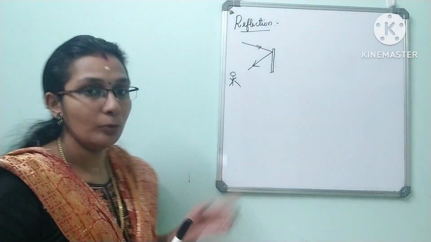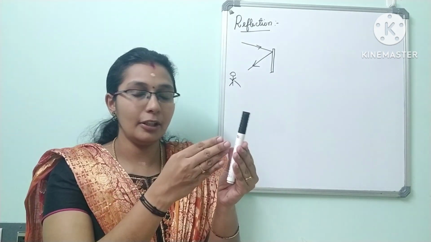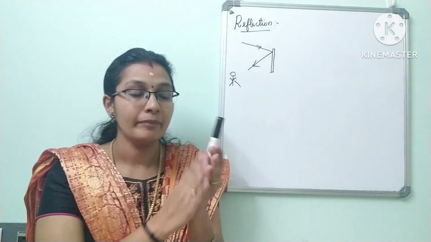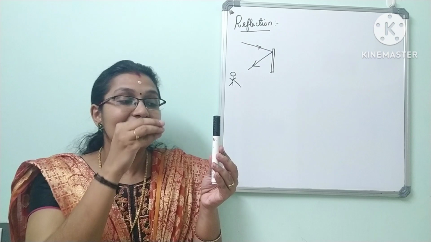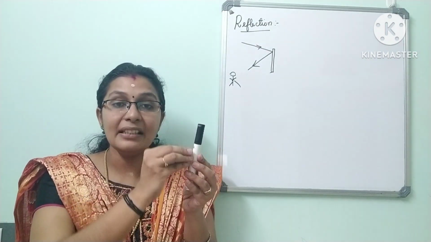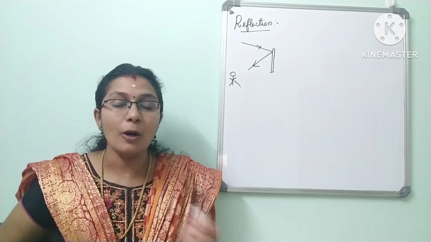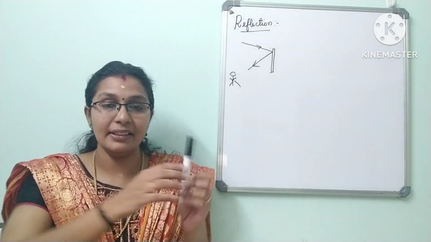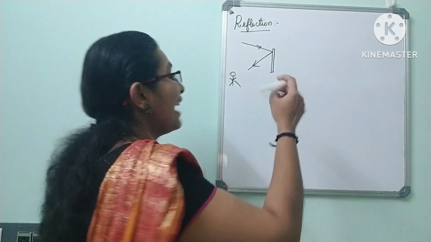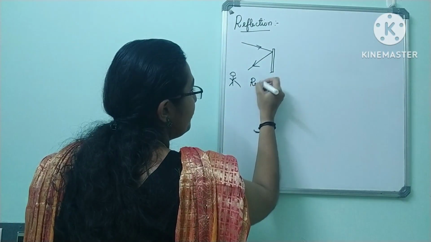Once again, some source of light, say sunlight, is incident on it. When that sunlight is incident on this pen, this light is reflected back. So that is why I am able to see this pen. So what is happening is reflection.